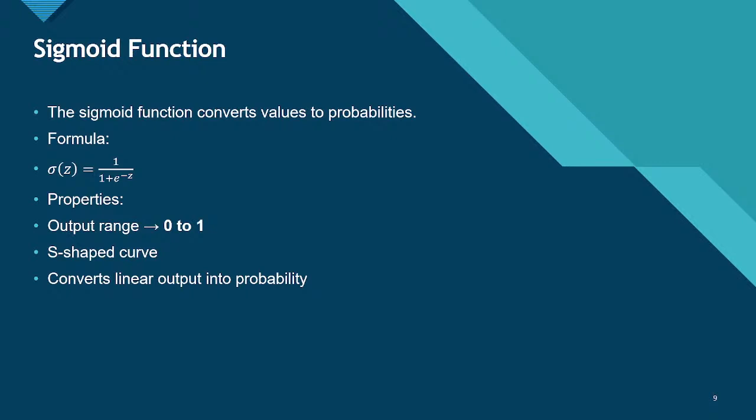The sigmoid function converts the linear regression output into probabilities.